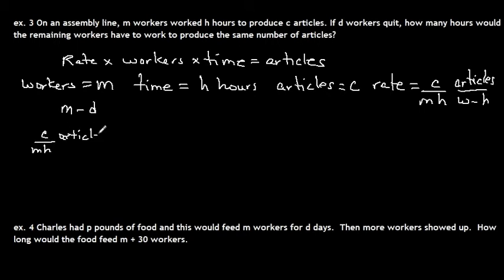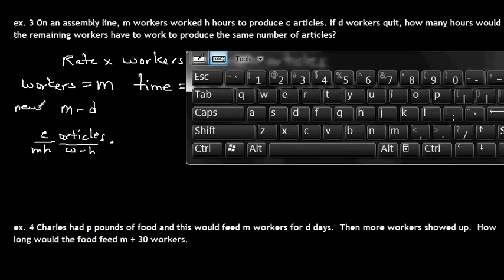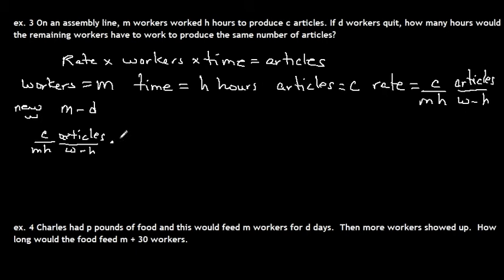I'm going to leave these labels on here just so that I can cross them out. So rate times new workers. Whoops, sorry about that. So we have rate is right here. Now we have workers is M minus D.